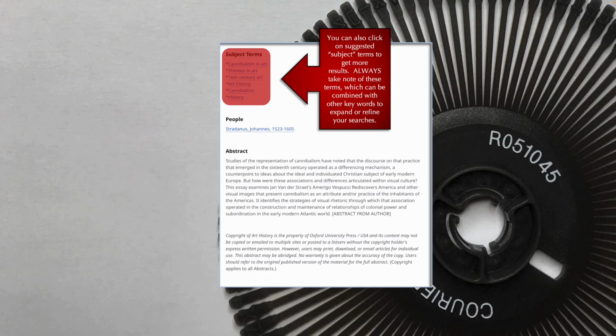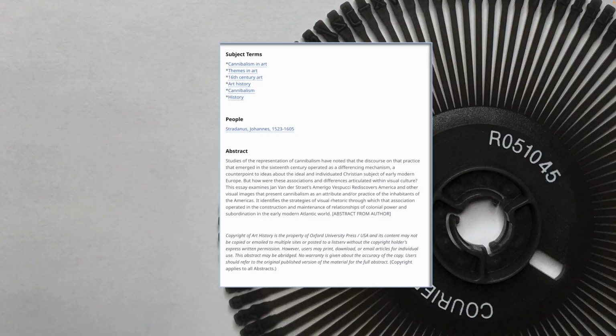I don't think you necessarily have to do that, but I certainly would take note of those subject terms, which can be combined with other keywords to expand or refine your searches later, especially if you don't get the search results that you want. You can sort of build a cache of subject terms to expand your research later.